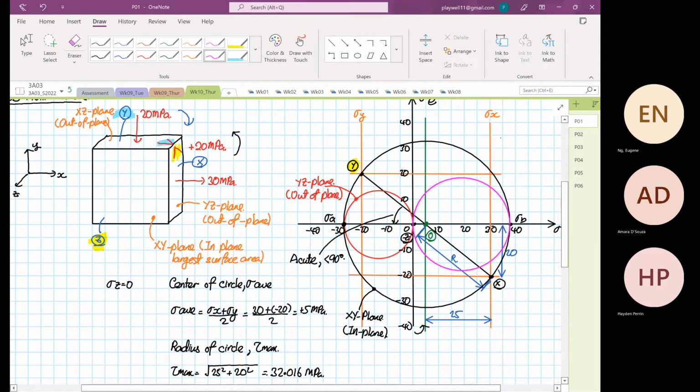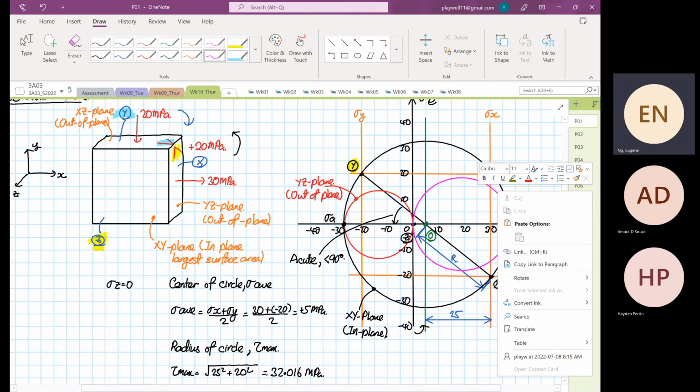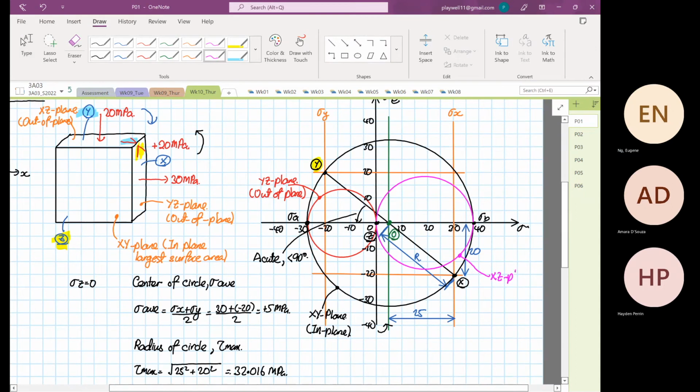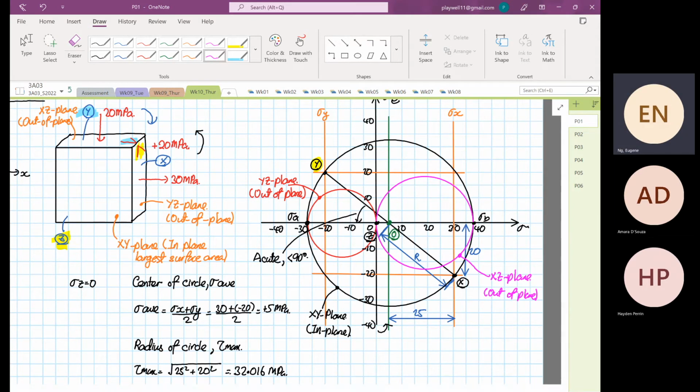Okay. Now this circle is what we call, I'm going to put here, our XZ plane. And once again, it is our plane. Okay. So when this is the case, why do we call it the XZ plane?